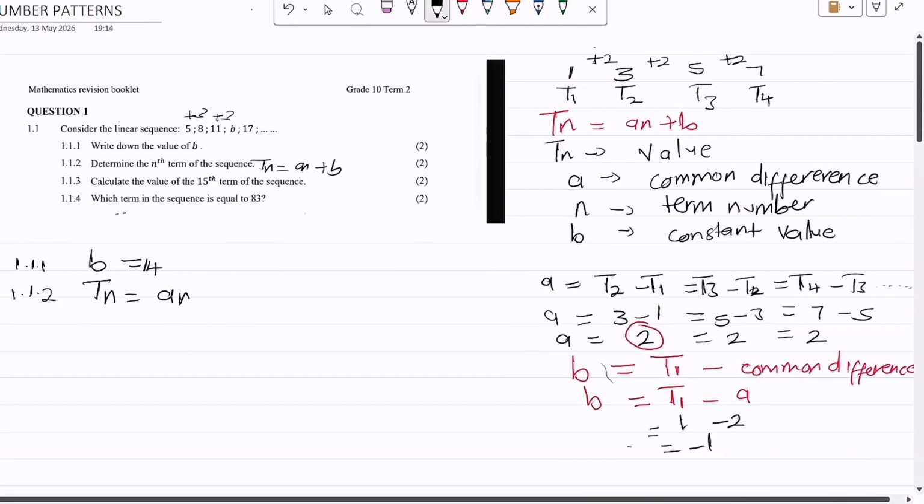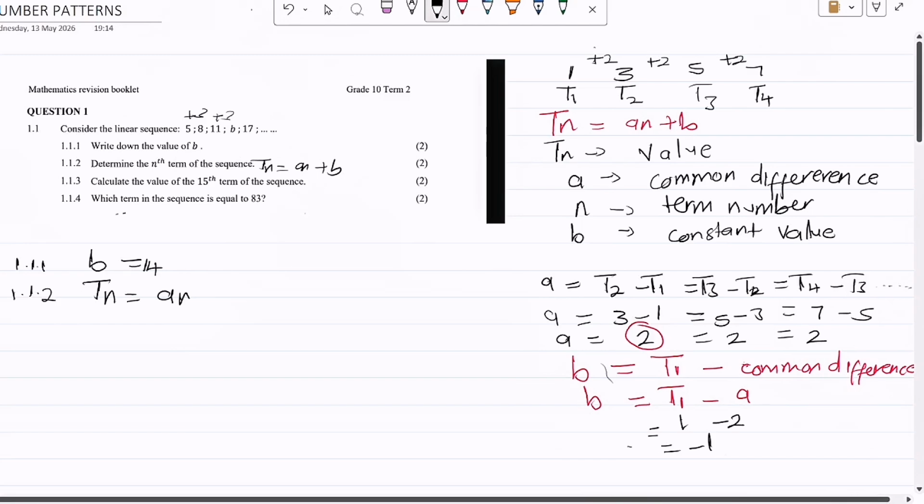And we know that for us to have a, we are going to say T2 minus T1, which is 8 minus 5, and you get 3. 8 minus 5, my bad.